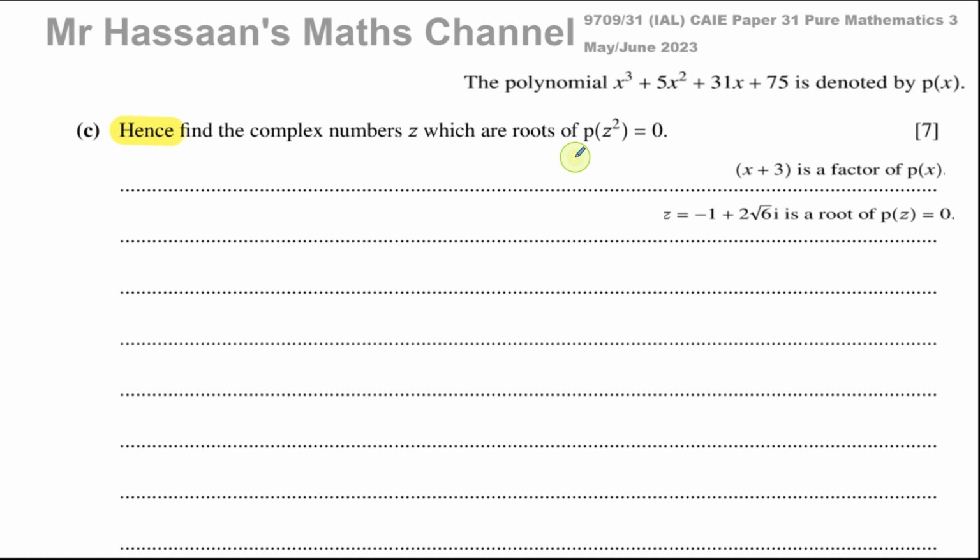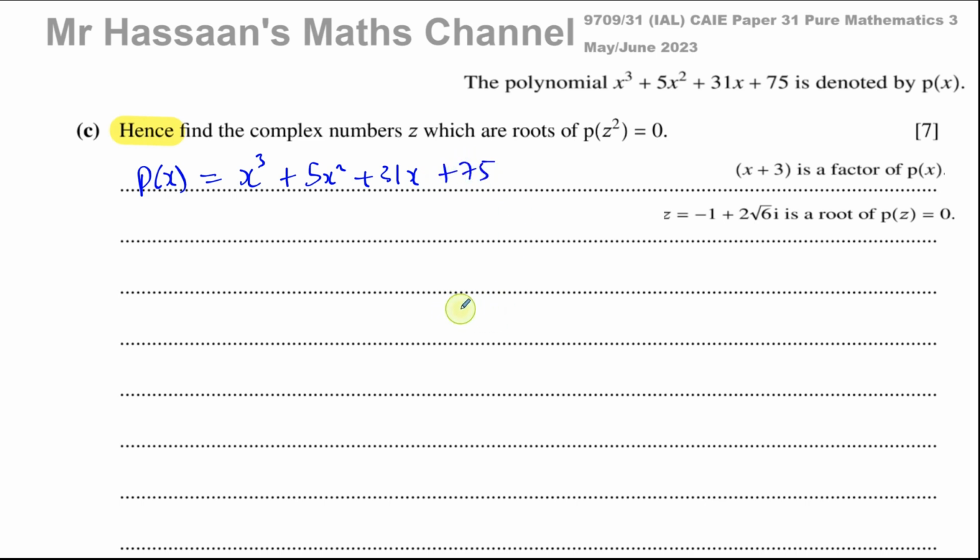So we need to use some of the information that we already found, which is listed here. We proved that x plus 3 is a factor of p(x). We know that p(x) is equal to x cubed plus 5x squared plus 31x plus 75.